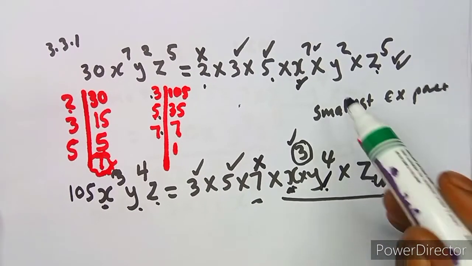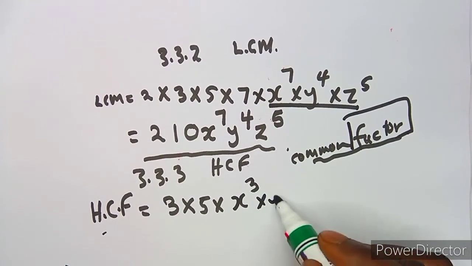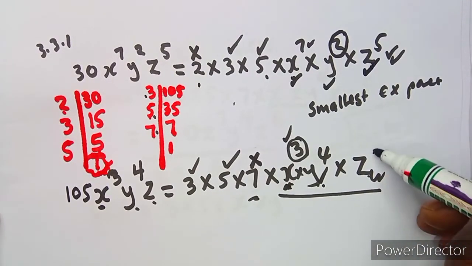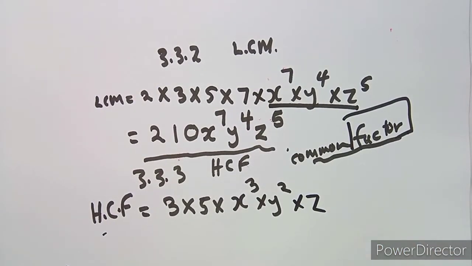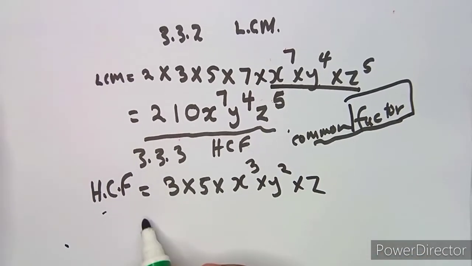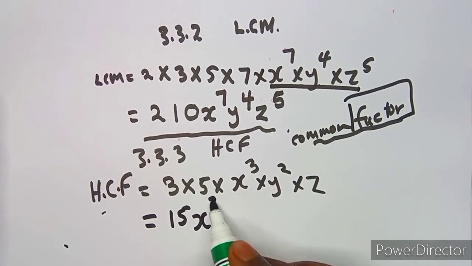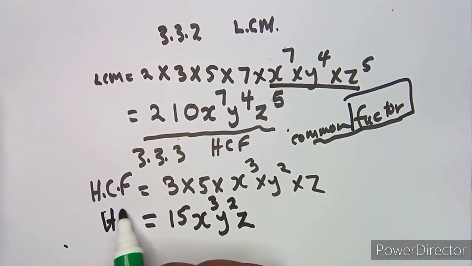Y is also common, but we take the smallest exponent, y to the exponent of 2. Z also is common, and we take the smallest exponent, that's z. Once you know this idea, it helps us a lot to simplify these typical questions. So let's multiply 3 times 5, which is 15, x to the exponent of 3, y to the exponent of 2, z, which is going to be our HCF.